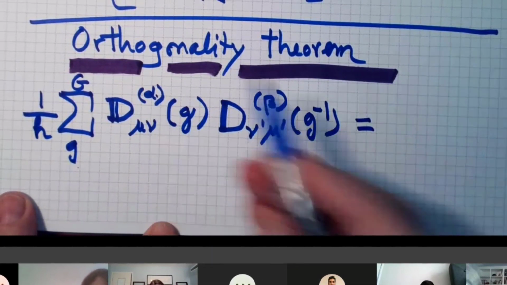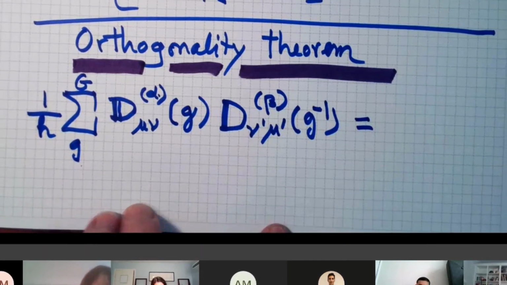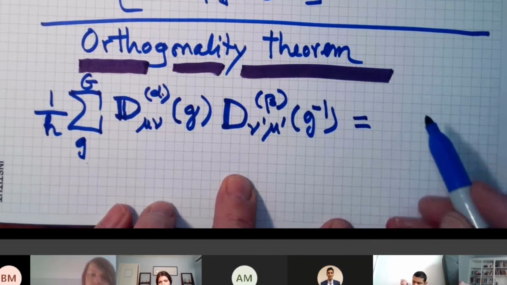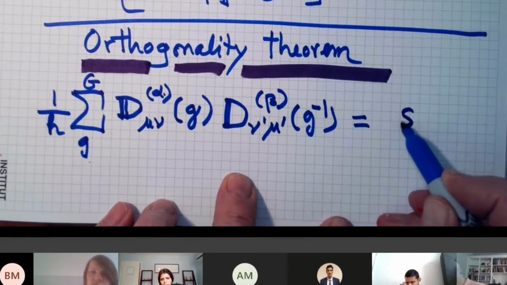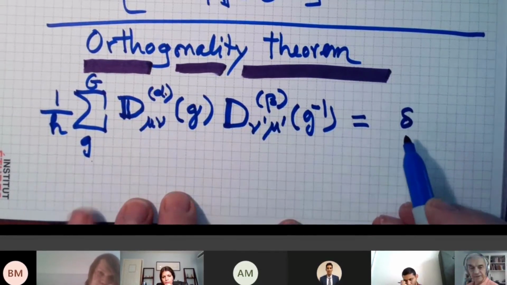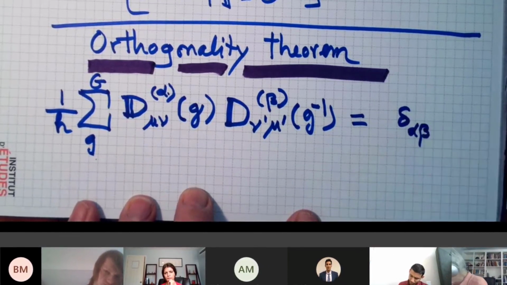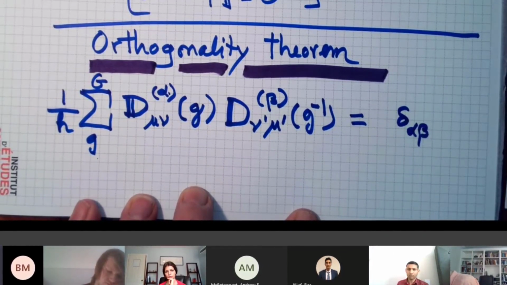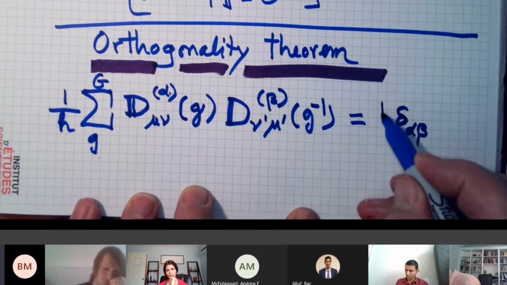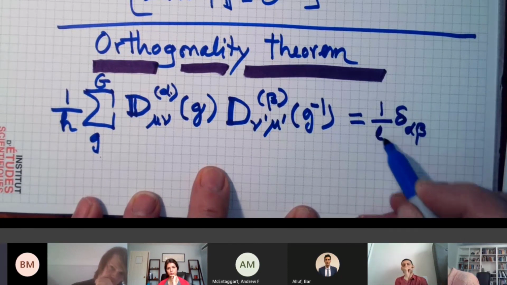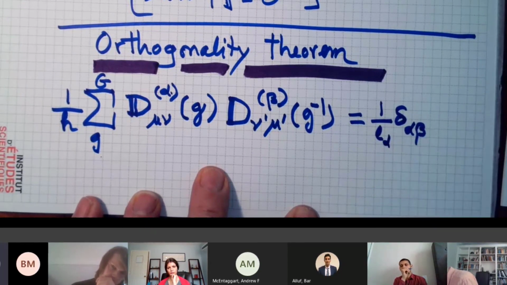This whole mess with a zillion different indices is zero whenever these representations are different irreducible representations. So they must be the same to give you a non-zero answer. And it turns out you have to divide it by the dimension of representation alpha.